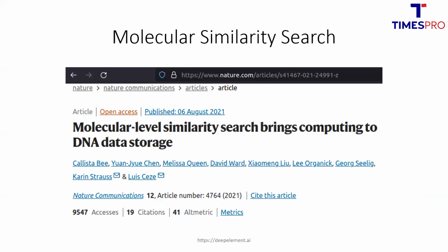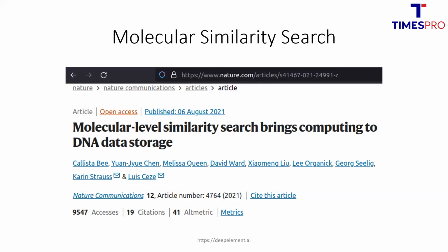This is a new research, molecular similarity search. It got published in 2021. Here they have tried to build a vector database for DNA. DNA is typically represented as a string, a large sequence of characters. As part of this work, they have converted that string into a vector using an AI model. It's a vision model, a convolutional neural network.